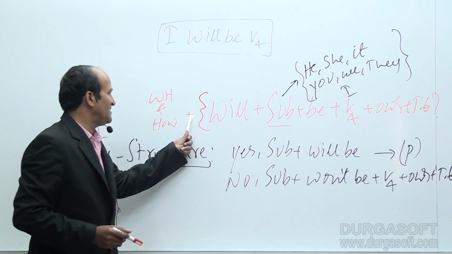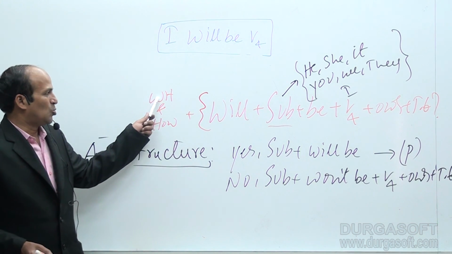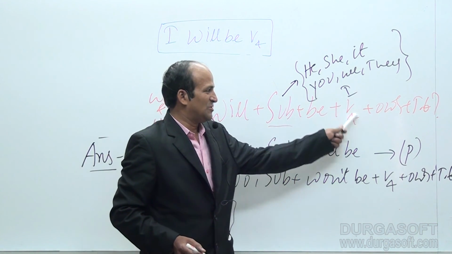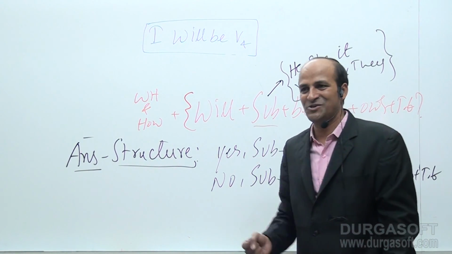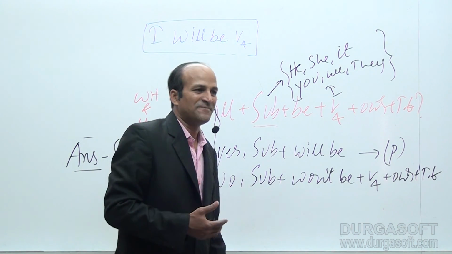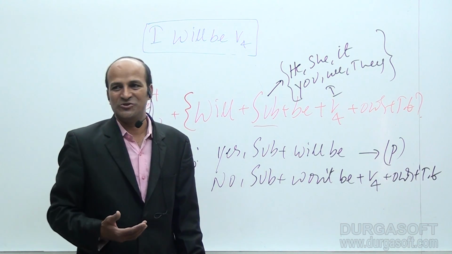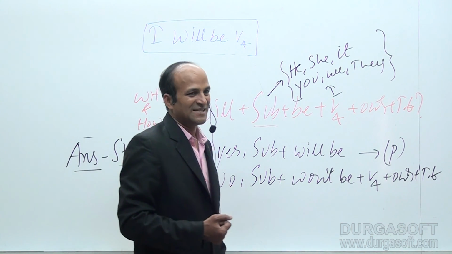For example, what will you be doing at this time tomorrow? When people ask this information question, we can say, I will be taking the class at this time tomorrow.